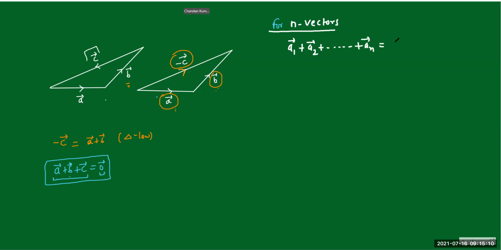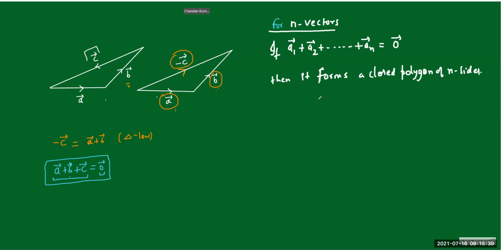If they add up to 0, then it forms a closed polygon of n sides.